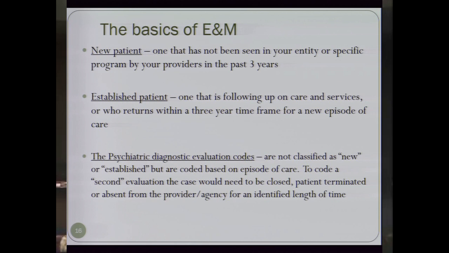What the criteria for those codes are is I can't code a new diagnostic assessment unless that patient's case has been closed, or they've been a no-show, or they've been inactivated. And then I might be able to do a reassessment on those diagnostic codes. It's not to be used for a yearly checkup or a yearly reeval. That in CPT becomes part of that ongoing E&M or E&M with psychotherapy.